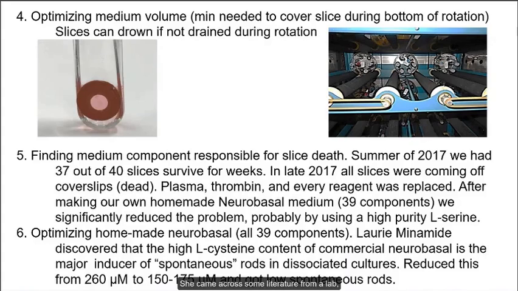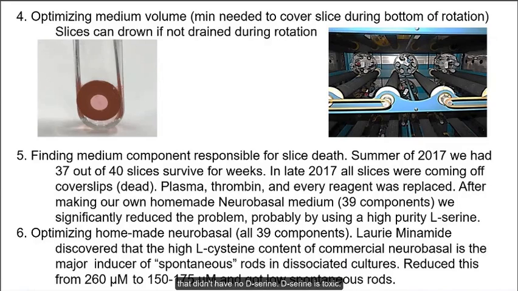And she came across some literature from a lab in Israel or Germany that stated that they found a lot of D-serine in L-serine batches that were used for making medium. And you could not find a medium that didn't have D-serine. D-serine is toxic to neurons.